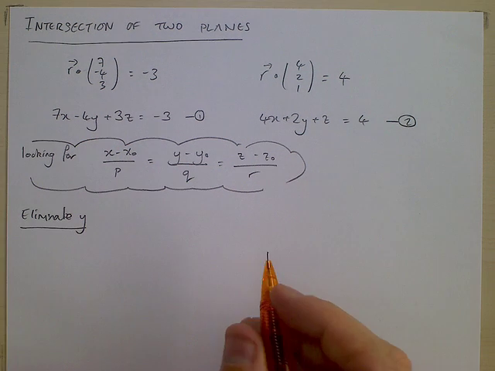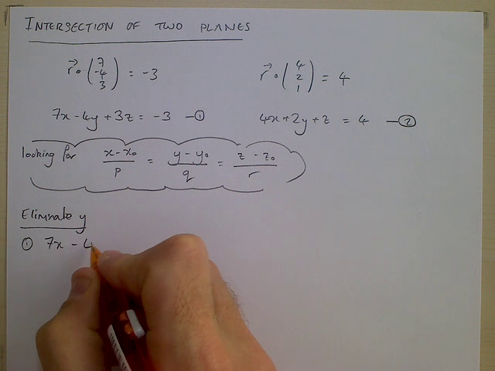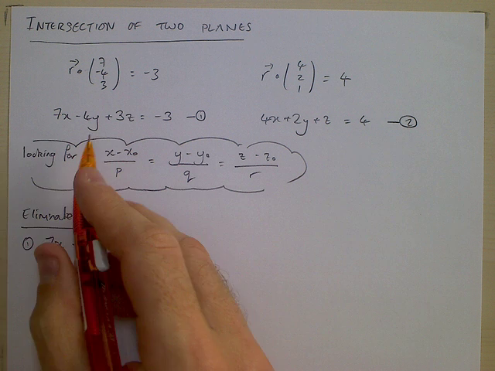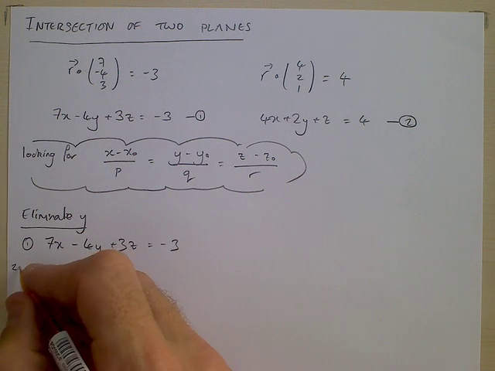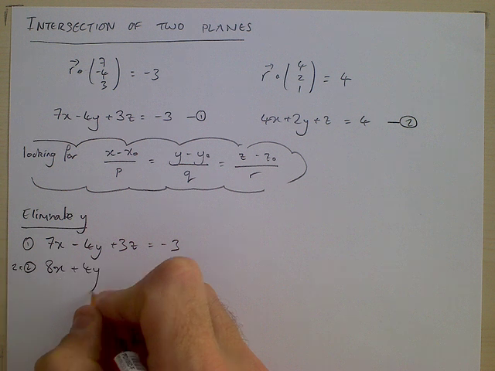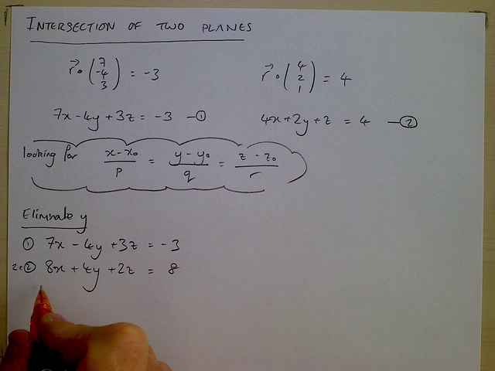So what I'm going to do, I'm going to take equation 1, 7x minus 4y plus 3z is minus 3. I'm going to take two lots of equation 2, which is going to give me 8x plus 4y plus 2z is 8.